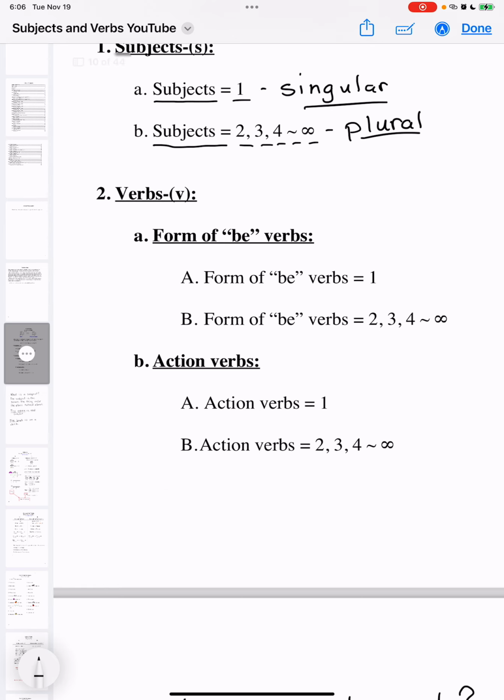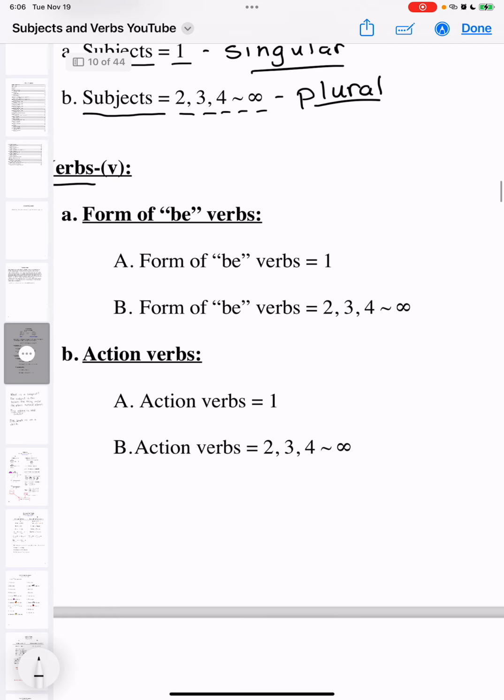Next, the verbs. There are three kinds of verbs, including modal verbs, but those will be explained in another book I have. For now, we just use action verbs and be verbs, because modal verbs, like will, are in the action verbs. So here you have be verbs.